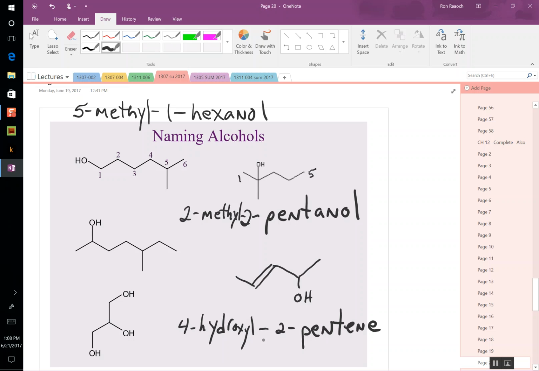Now we didn't need to do that here, because we can roll those right into the name, the parent name of the molecule. Doesn't have a double bond or anything else in it, so it's going to be an alcohol. And all right, so that's how you would handle those things. 4 hydroxyl, 2 pentene.